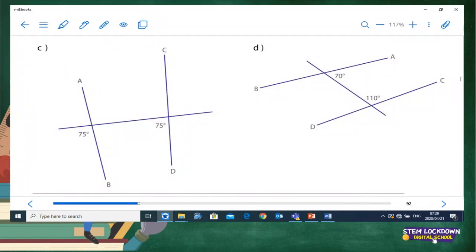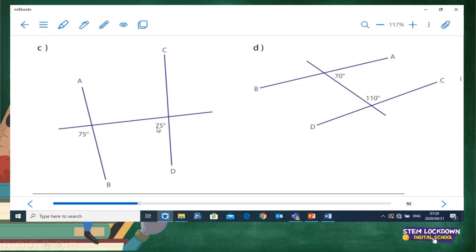In the next one, you can see we have a set of angles. We have what is known as the corresponding angles, and the second one, D, is what is known as the co-interior angles. Now, what did we say this morning about the corresponding angles? We said that if the corresponding angles are equal, then your two lines will be parallel. So we have corresponding angles here with 75 degrees, 75 degrees.